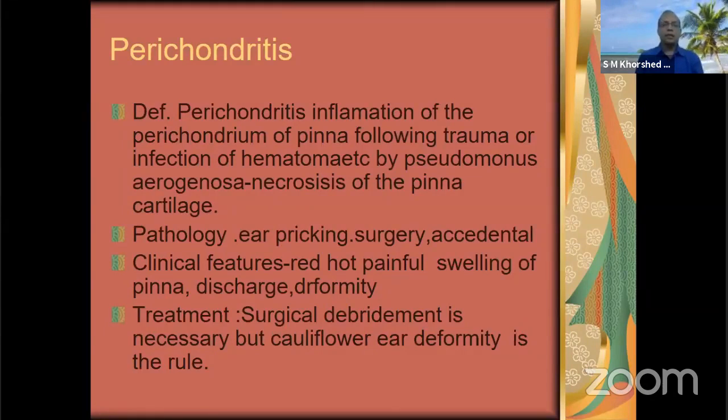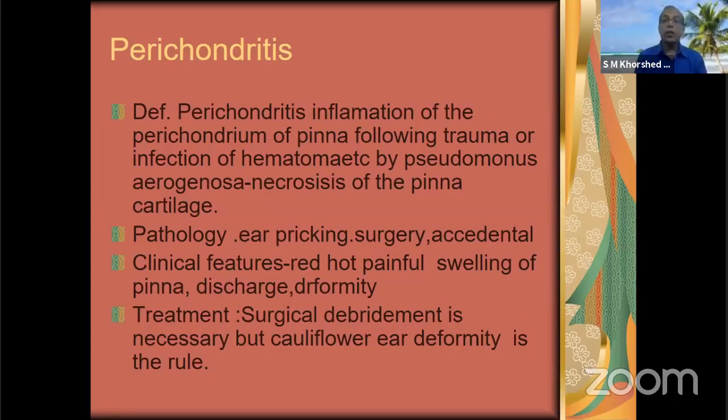Perichondritis is another disease that affects the pinna. It is an inflammatory condition of the perichondrium of the pinna following trauma or hematogenous infection by Pseudomonas aeruginosa. Pseudomonas aeruginosa is the infective organism, and it causes necrosis of the pinna cartilage. Why? Because the perichondrium is lifted. The cartilage does not have any blood supply.